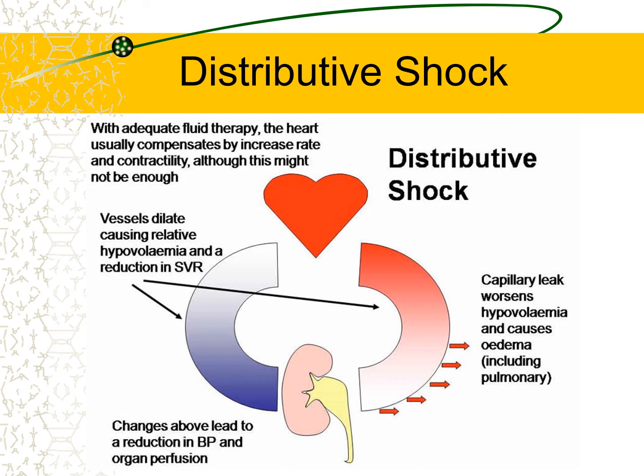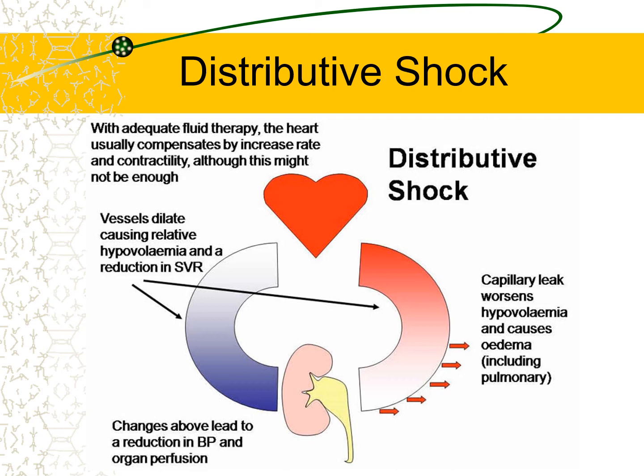All right. So this relative hypovolemia means that our vital organs, such as the kidney that we see here, have a reduction in blood pressure. And the kidneys are not being perfused, and all our vital organs are not being perfused well during a distributive shock.